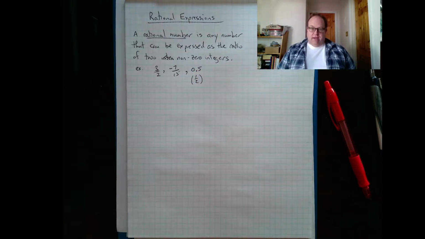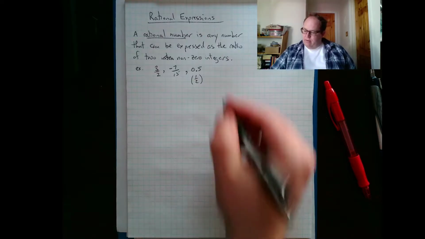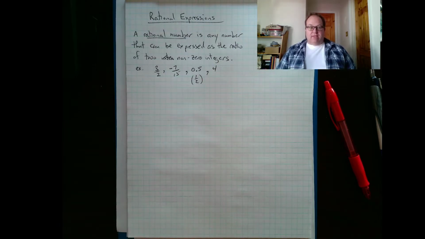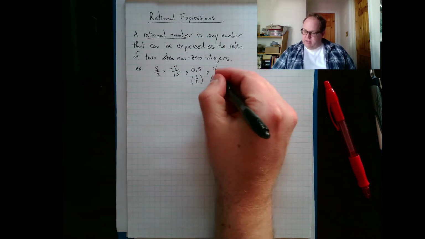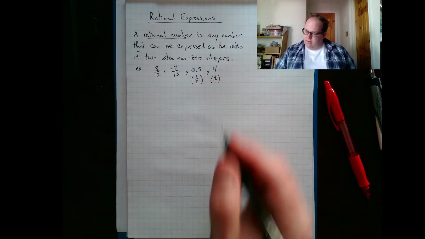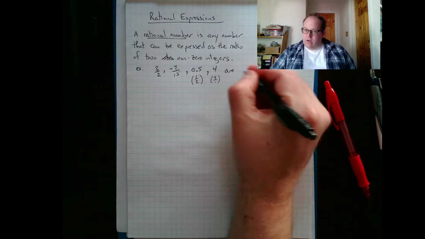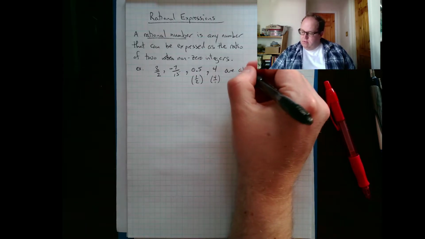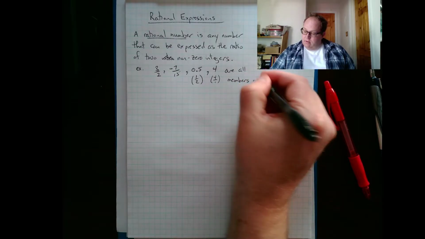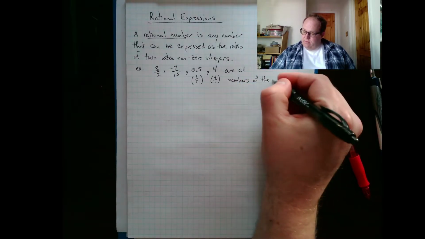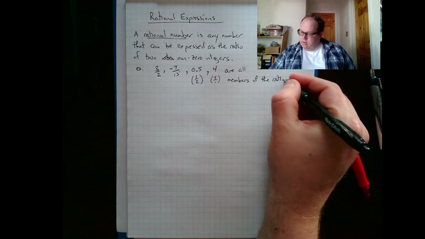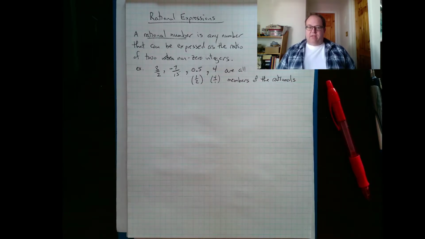Therefore, it would count as a rational number, just not expressed in a rational way. 4 would count as a rational number because it could be expressed as 4 divided by 1. So these are all examples, or are all members of the rational numbers. Rationals for interest of space.